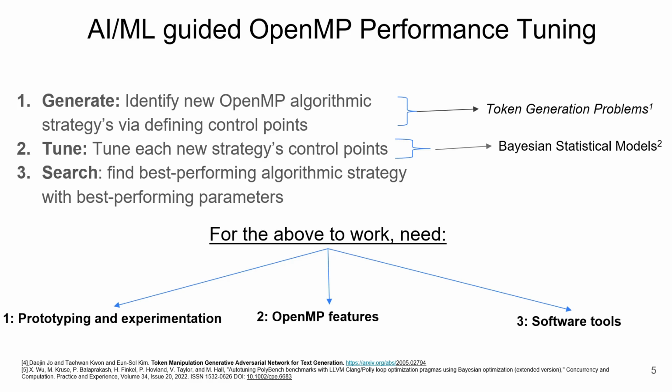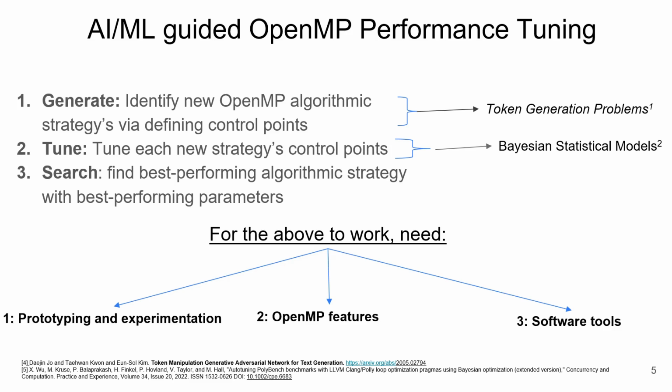Automating this kind of tuning and learning of parameters is associated with Bayesian statistical model optimization, which is already an active area of research in the DOE in the context of Clang LLVM loop optimizations.